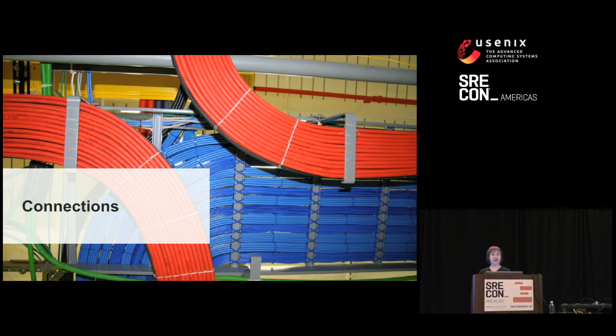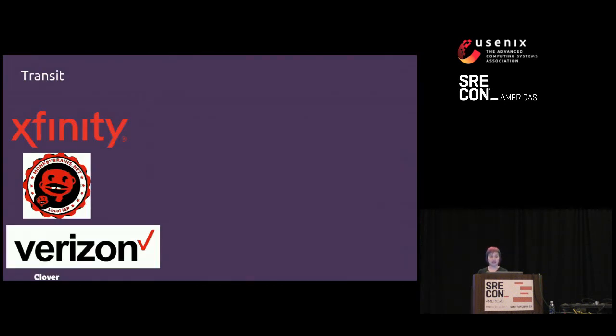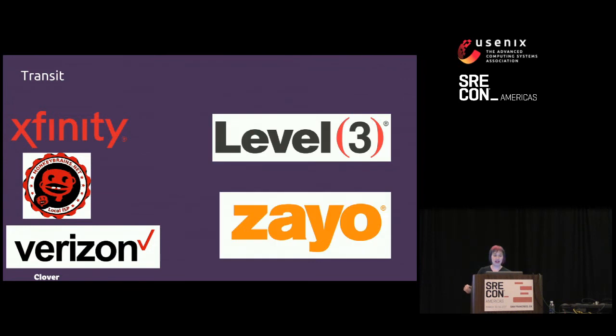The first way is something we call transit. Transit is like an internet service provider for your internet service provider. So at your house, you might have Comcast or Monkey Brains or Verizon, and those internet service providers will have someone like Level 3 or Zayo. So transit providers are just your ISP for your ISP, which is pretty cool.